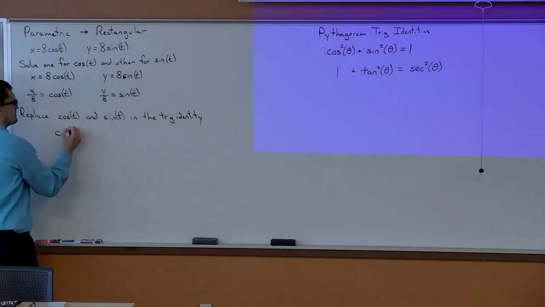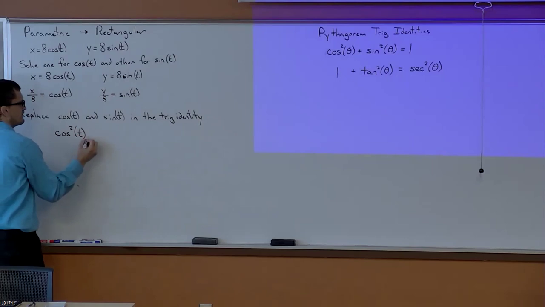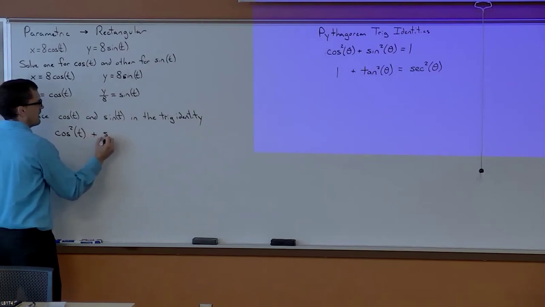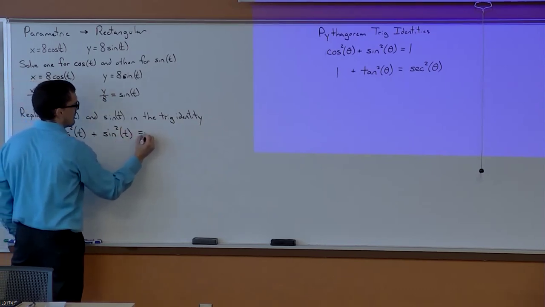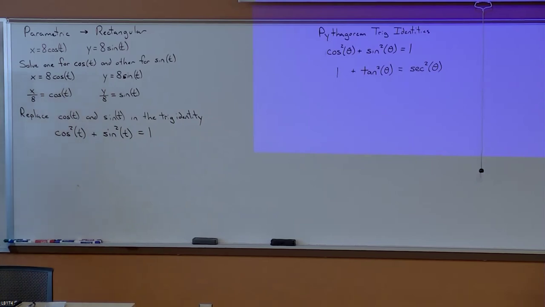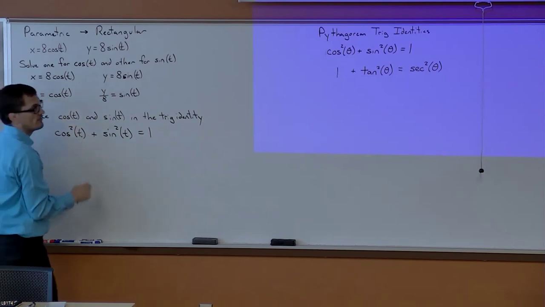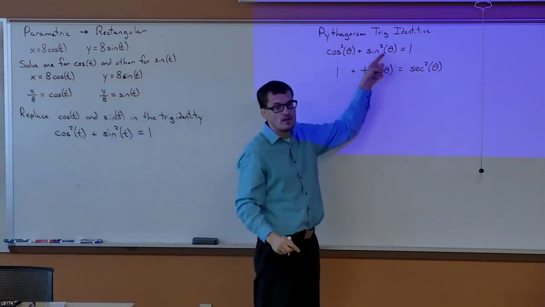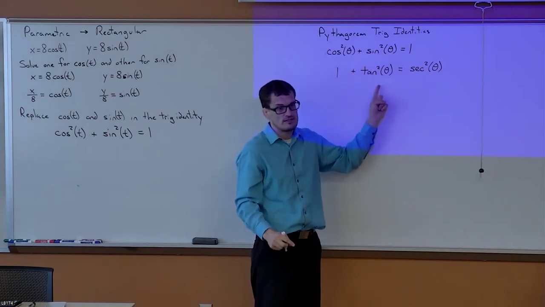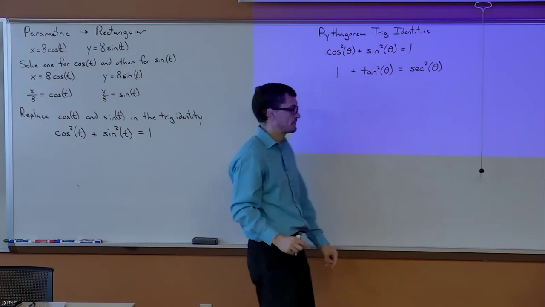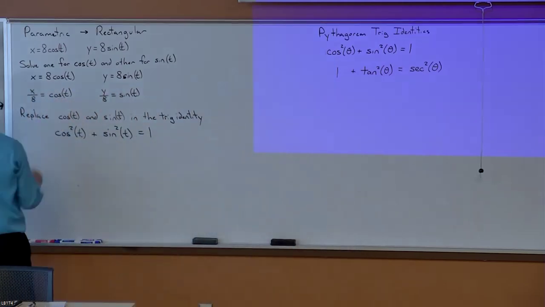Specifically, we're going to say cosine of t squared plus sine of t squared is equal to 1. I changed the arguments to match up with t's because that's what I had, I didn't have thetas. By the way, sometimes with parametric, people will use theta because of these identities, but we had t.